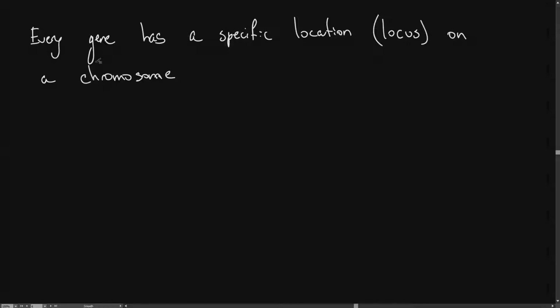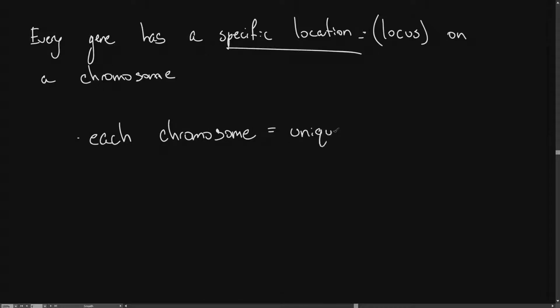We will also be looking at genes in chromosomes point 4, and so the first point is that every gene has a specific location on a chromosome, and this specific location is called the locus. And so we also say that each chromosome, when taking into account the genes, is a unique linear arrangement of genes.